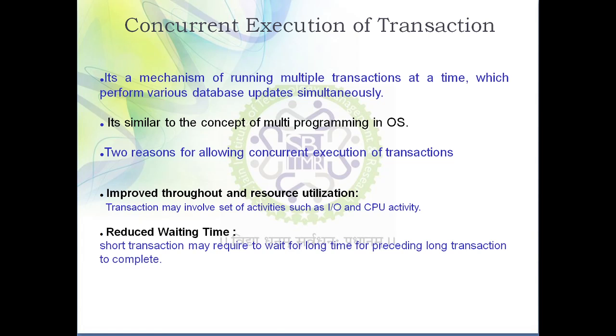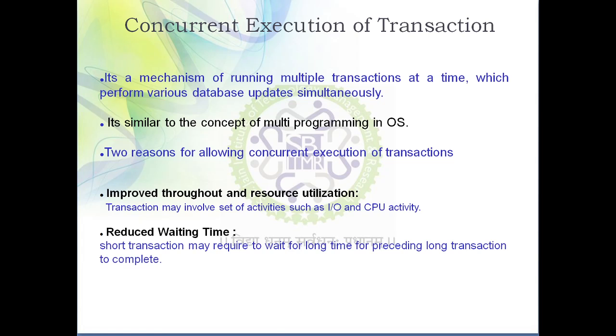For example, you are listening to a song and also executing a program. Two tasks are done at the same time. In the same way, concurrent execution of transactions can be done.